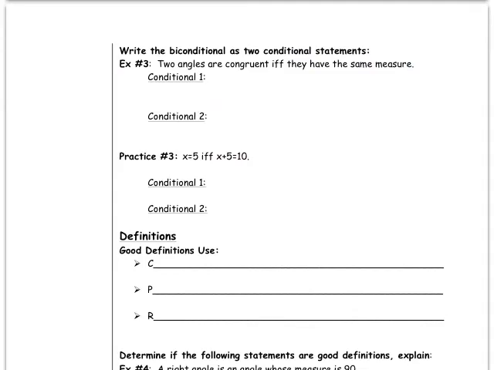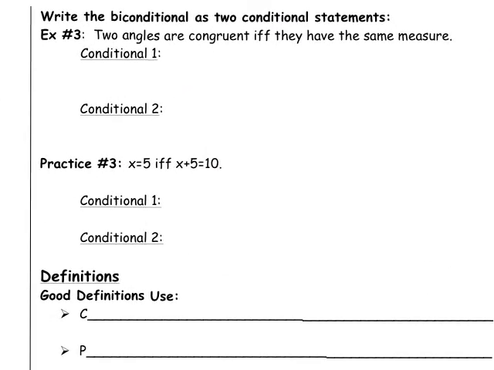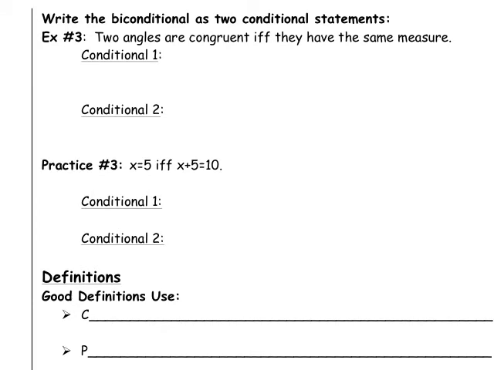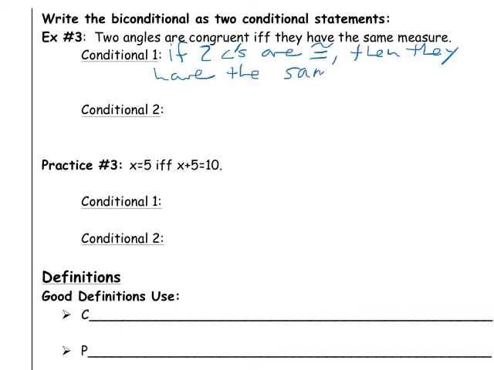Okay, here we go. Let me zoom in here. Now we're going to go from a biconditional to writing it as two different statements. So here I have, write the biconditional as two conditional statements. Two angles are congruent if and only if they have the same measure. Well, I'm going to break this into two conditional statements. So I'm going to say, if two angles are congruent, then they have the same measure.